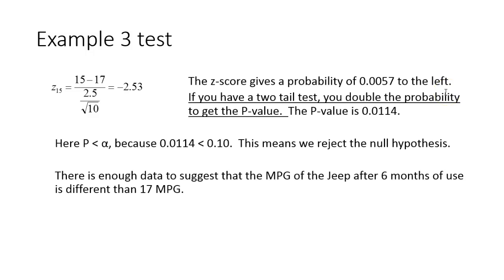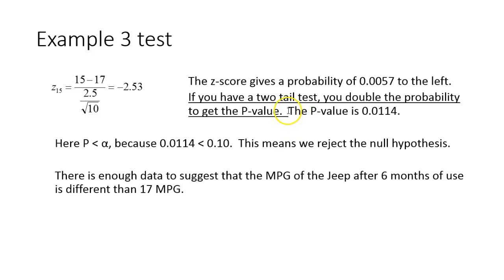So in this case, since it's a two-tail test, we know that the probability of being to the left of 15 is 0.0057. But we're going to double that because we're curious about being the same distance to the right of that. So when we say not equal to, that includes the left and the right.